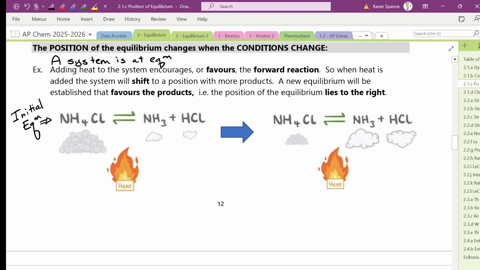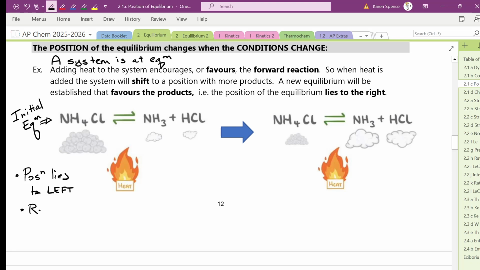Our initial equilibrium, how would you describe it? Yeah, the position lies to the left. And what else could we say?